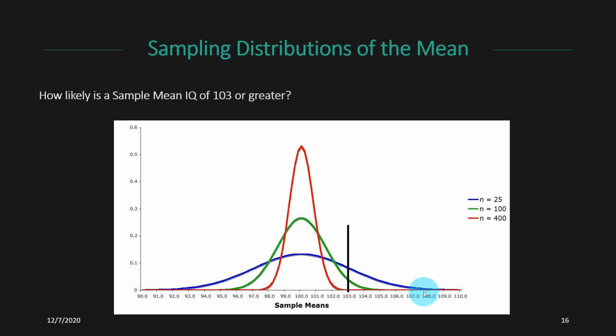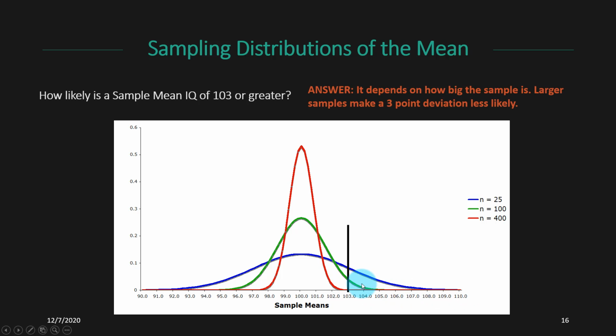So now I could ask you a question, like how likely is it to get a sample mean of 103 or greater? And the answer to that is, it depends on how big the sample is. Larger samples make a 3-point deviation less likely, right? When our sample size is 25, it's not unusual to get a sample mean of 103 or greater. But when our sample size is 400, now it's extremely unusual to get a sample mean of 103 or greater.